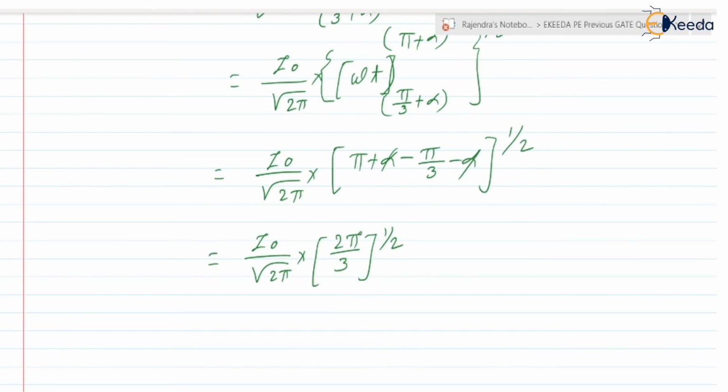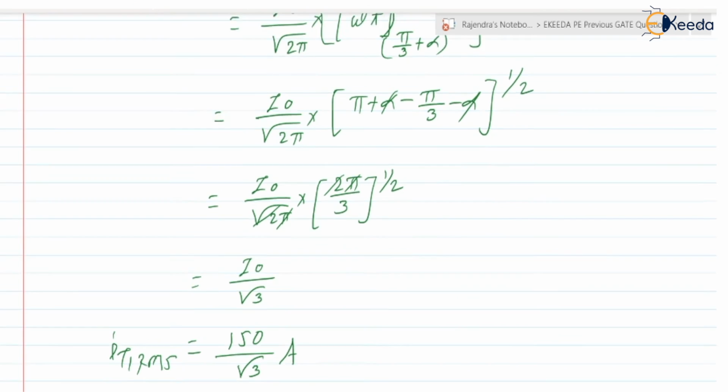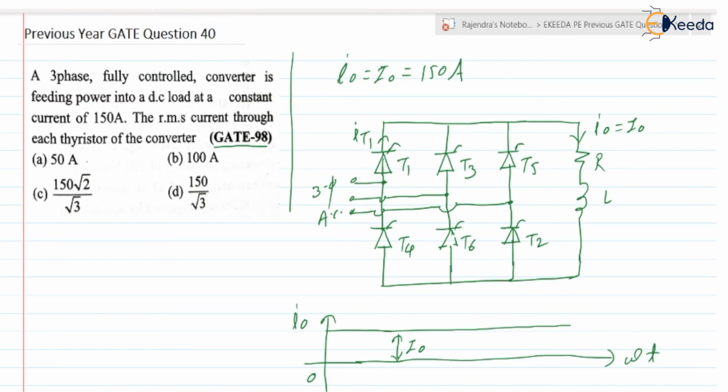Root 2 and root 2 pi will get cancelled, so it is I0 by root 3. I0 is 150, so it is 150 by root 3 ampere. This is the IT1 RMS. So the correct answer is option D. Is this clear? This is very simple.